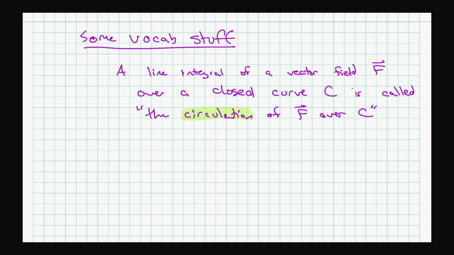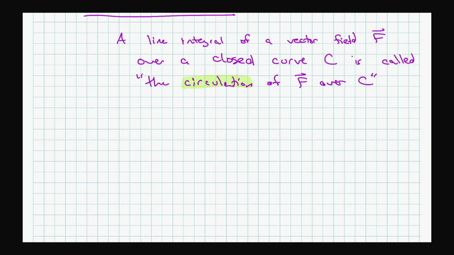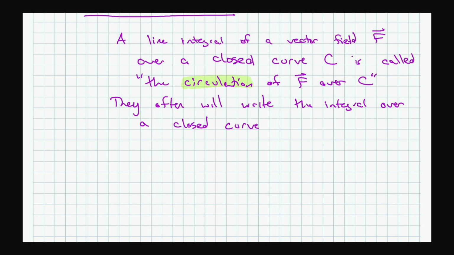They often will write the integral slightly differently if it's a closed curve. They don't have to, but they will often write the integral over a closed curve like this.